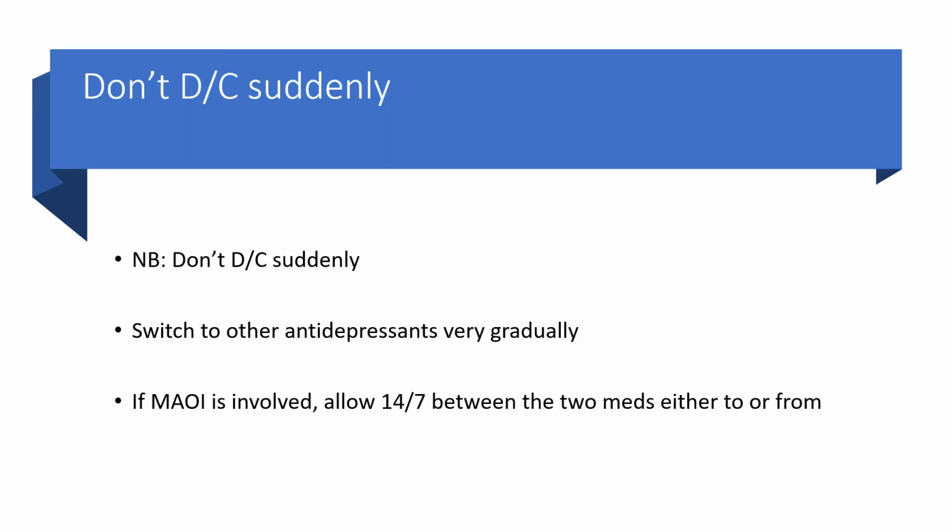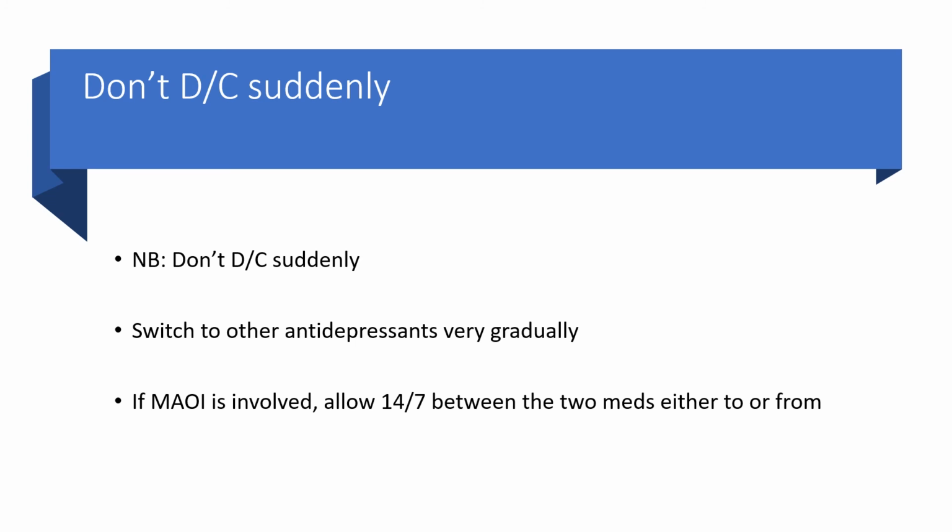Don't discontinue mirtazapine suddenly, please. I have reiterated that here right now. We have to switch to other antidepressants very gradually. But if a monoamine oxidase inhibitor is involved, there must be 14 days between the new drug and the stoppage of mirtazapine.